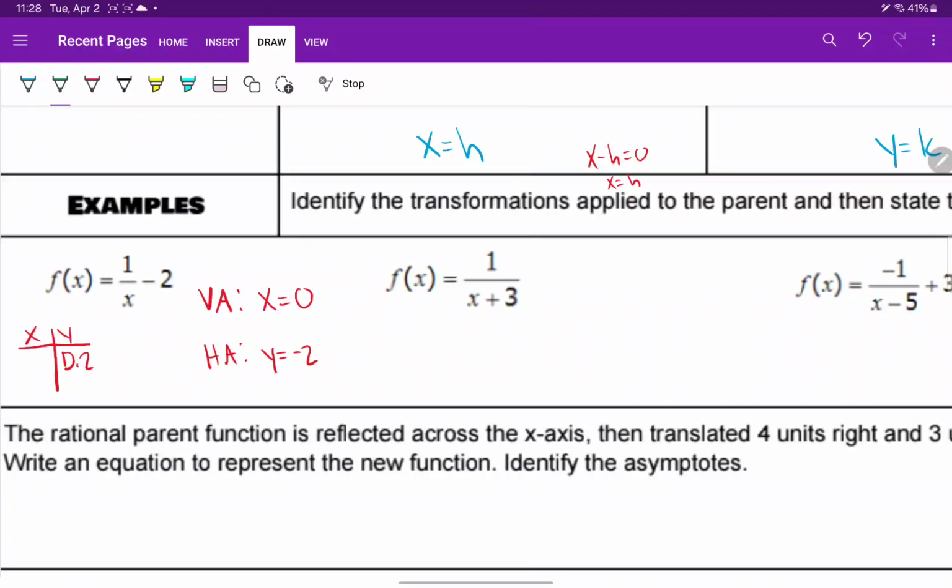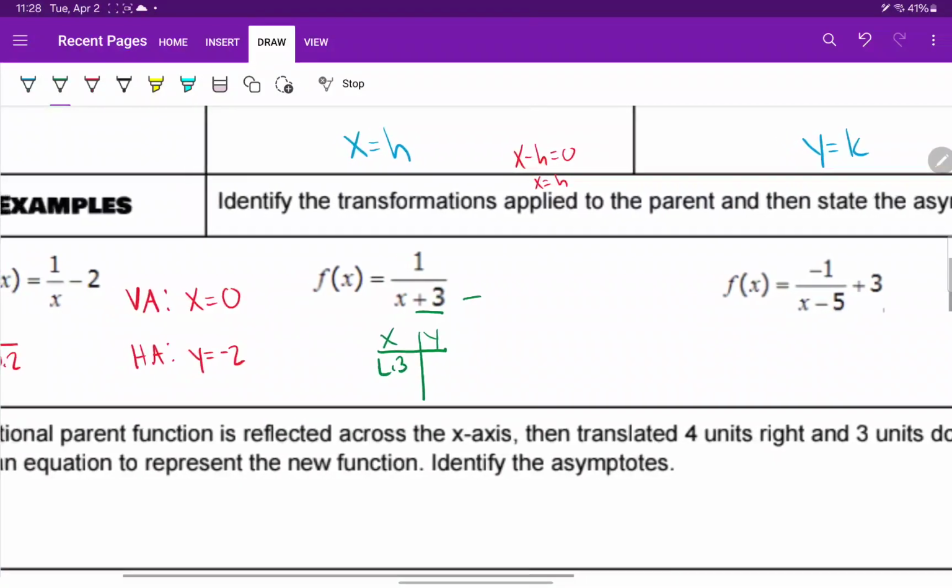All right, for our next problem, 1 over x plus 3. We do see that we have an h, but we don't have a k. So for our transformations here, x, insiders lie, that's really a -3. So -3 is going to be left 3. But there is no k value because it's not moving up or down.